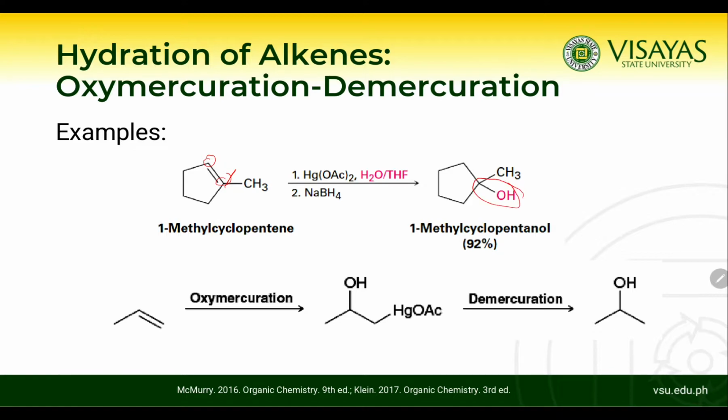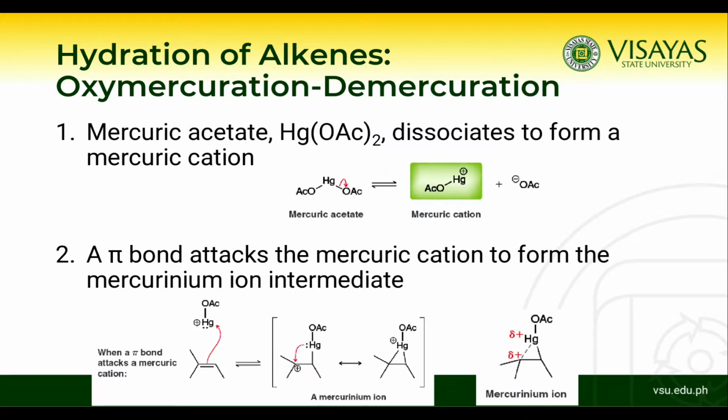The only difference between acid-catalyzed hydration and the oxymercuration-demercuration process is that, of course, they have different reagents. And the other thing is that the intermediate formed in the oxymercuration-demercuration process is a mercury cation. So, not a carbocation. It's a mercury cation. Now, in this case, there are no possible rearrangement reactions as with the acid-catalyzed reaction.